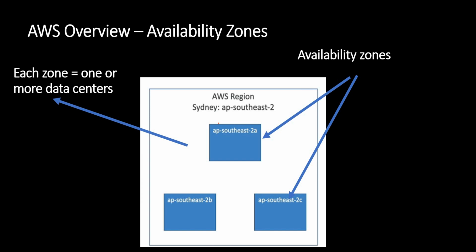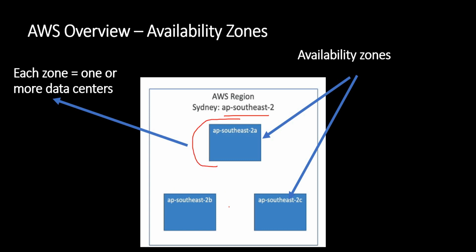And under a region, another thing comes, which is availability zone. So each zone is equal to one or more data centers, right? So for example, I have selected this region, and then I will have more availability zones. These are nothing but data centers within one region.